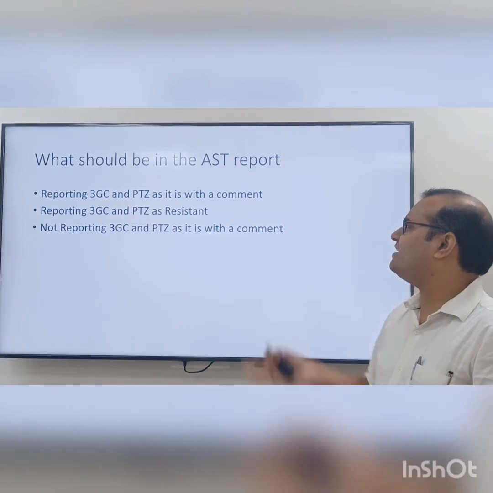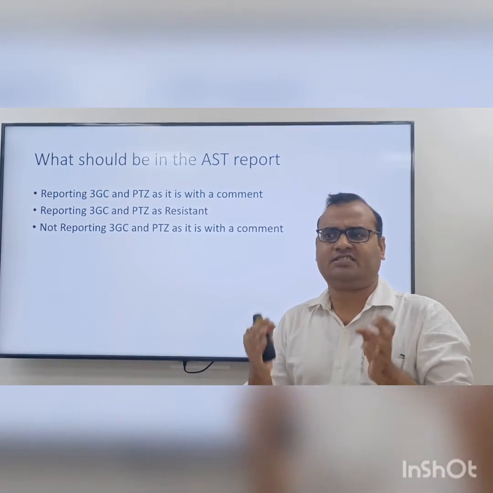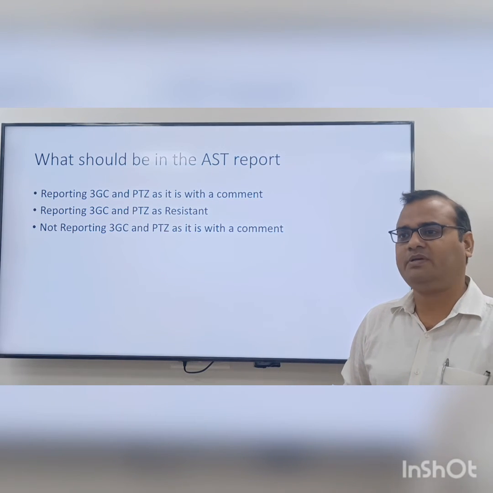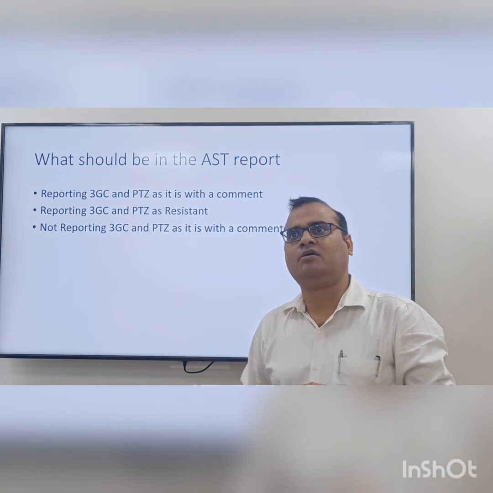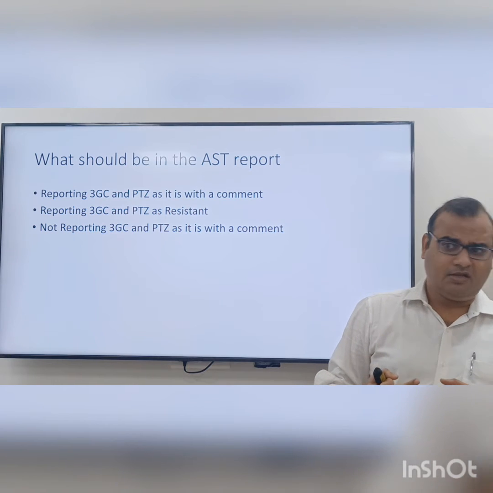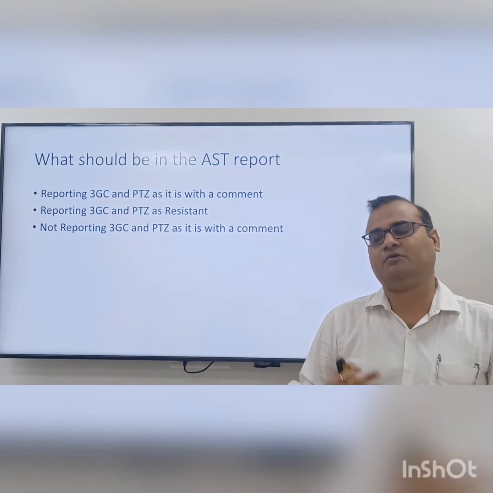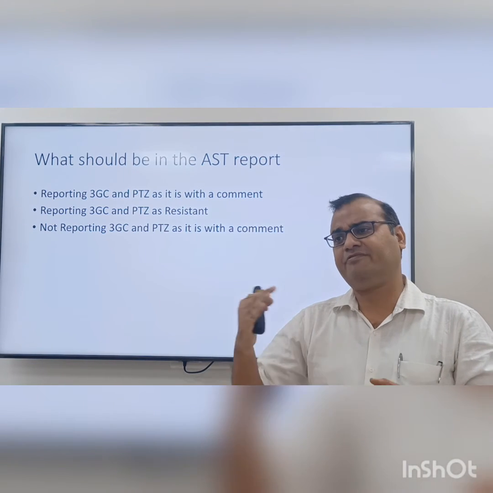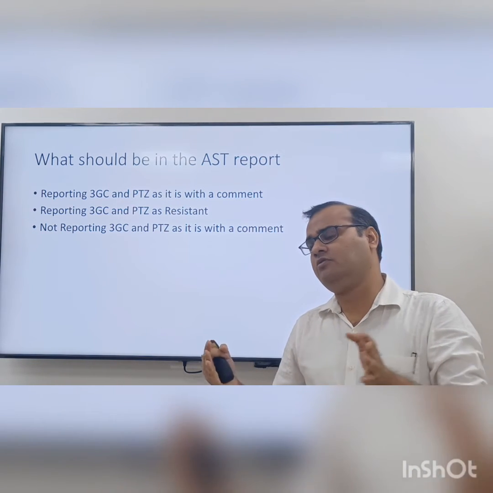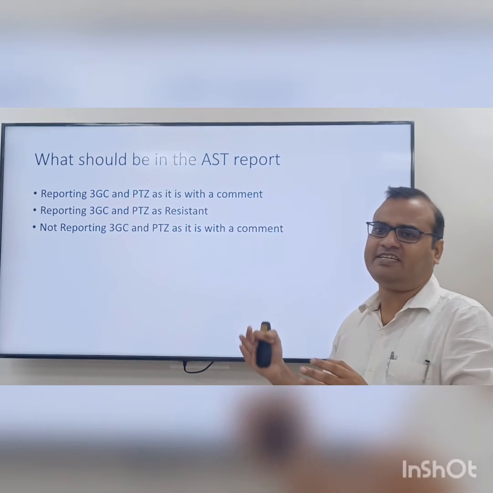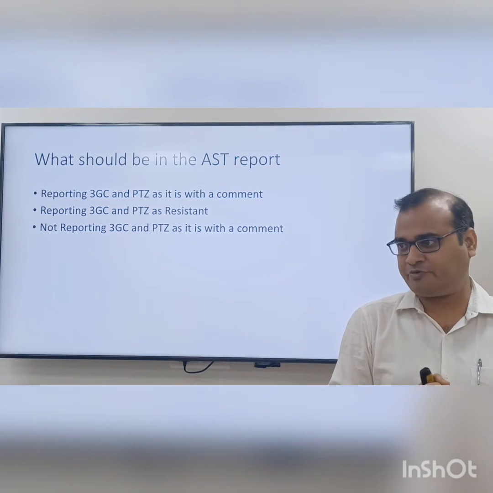Now, what should be in the AST report? Once we get such a phenotype, what can be done? That depends on the local hospital practice and the AMSP team of that hospital, how they want to go about it. They may just report it as it is with a comment, possible AmpC producer.